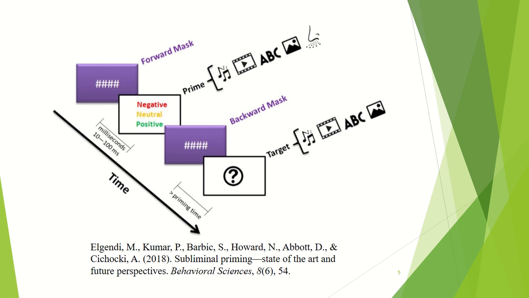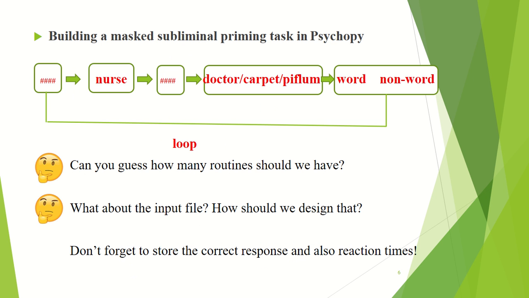Okay, so this is subliminal priming. And this is the algorithm to help you build it in PsychoPy. We have a routine to show the masks. We show the prime word for a very short time.